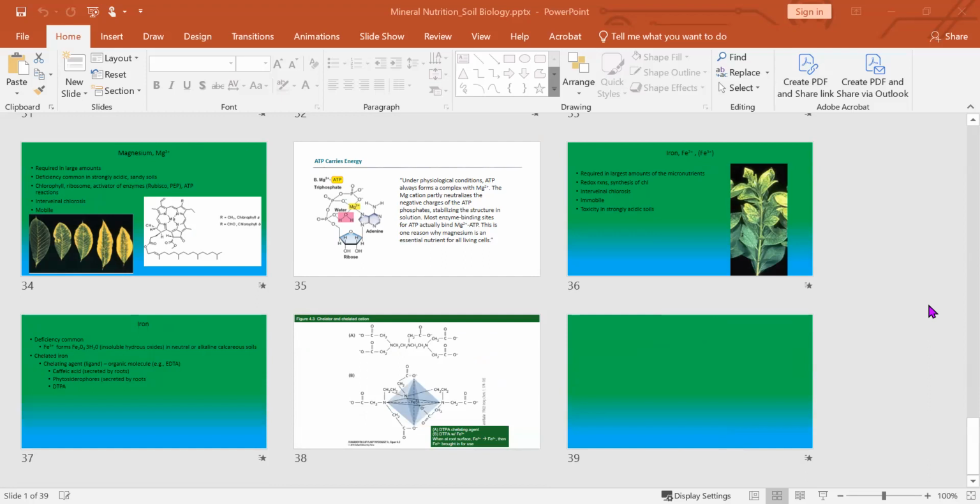What did we do after mineral? What was the next topic? Soil management. This slide set's pretty short, but a few key ideas.